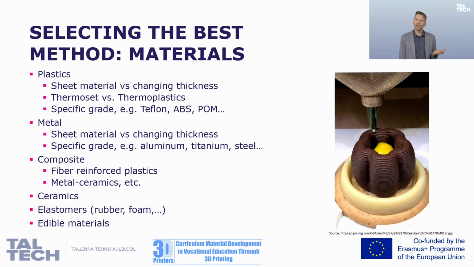If we're talking about metals again, then we might create the part from sheet material, or we can use a material that has different thicknesses in different areas of the part. And in the case of metals, we also have very many different grades.